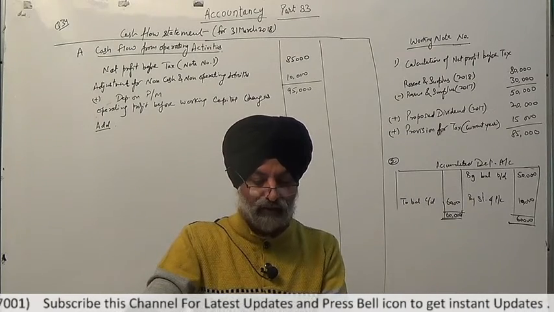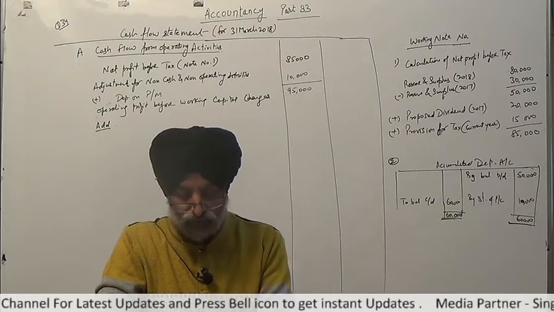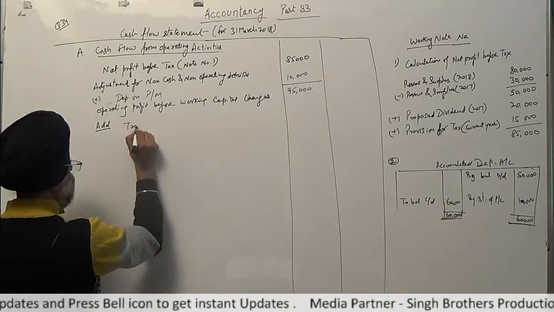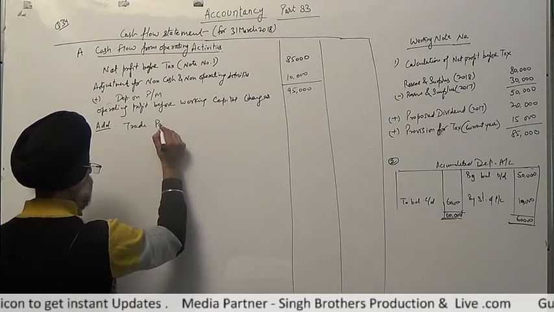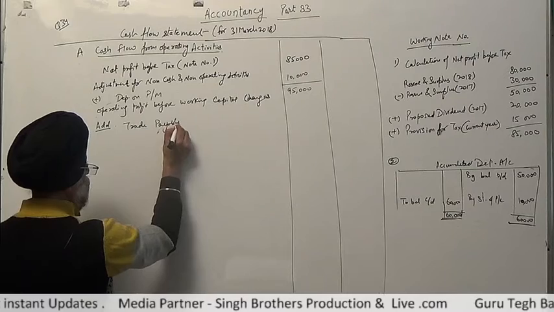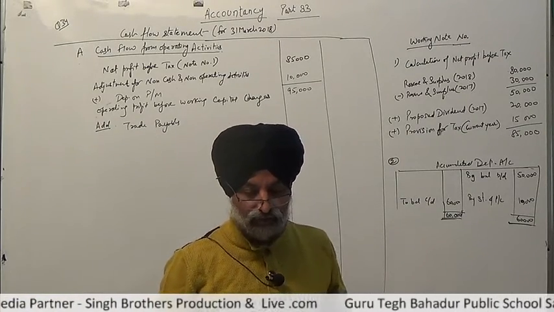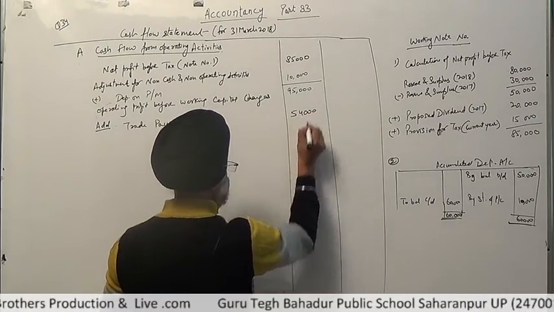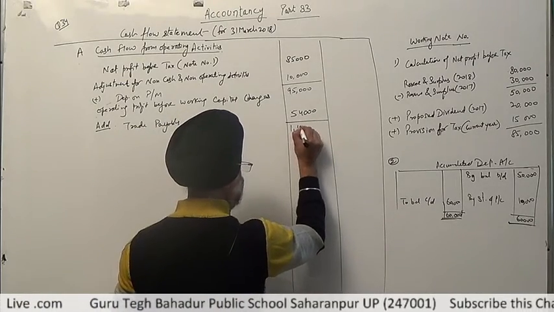In current liabilities, trade payables are increased by rupees 54,000. Adding this, we get the value 1,49,000.